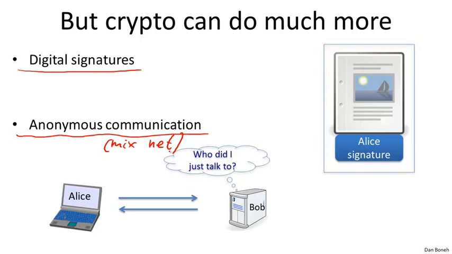The way mixnets work is basically as Alice sends her messages to Bob through a sequence of proxies, these messages get encrypted and decrypted appropriately so that Bob has no idea who it talked to, and the proxies themselves don't even know that Alice is talking to Bob, or more generally who's talking to who.